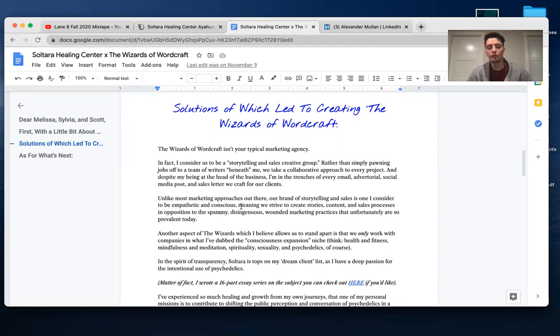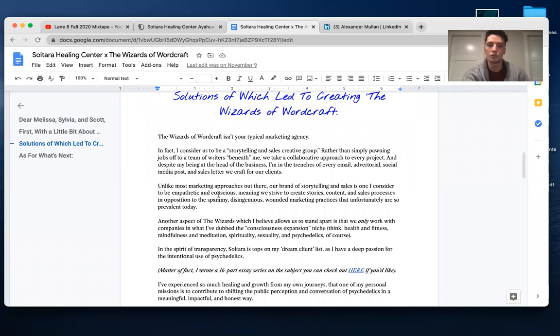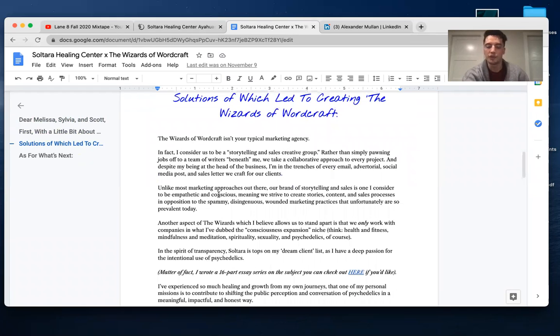We work exclusively with businesses, as I noted in the messages to Scott, in the consciousness expansion space, of which a facility that runs plant medicine ceremonies most definitely falls into. So this section explains a bit about the Wizards of Wordcraft, as the agency is called.